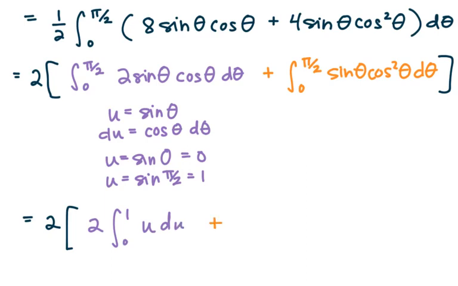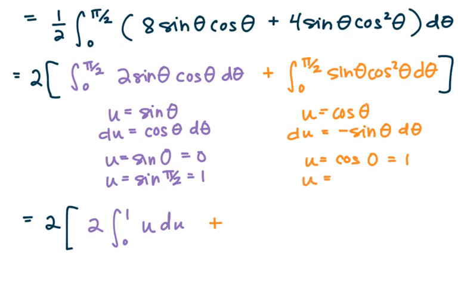And my other integral, I will let u equal cosine theta. That means du is negative sine theta d theta. Changing my bounds, u equals cosine of 0 is 1, and u equals cosine of pi over 2 is 0. So that would be 1 to 0.